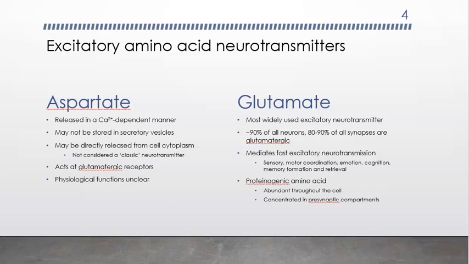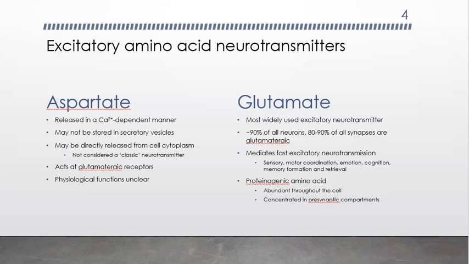That number differs, obviously, because you can have a glutamate to glutamate synapse, or glutamate to a dopaminergic neuron, whatever. But obviously glutamate is huge, right? Glutamate is great because it is excitatory and it mediates very fast excitatory neurotransmission.